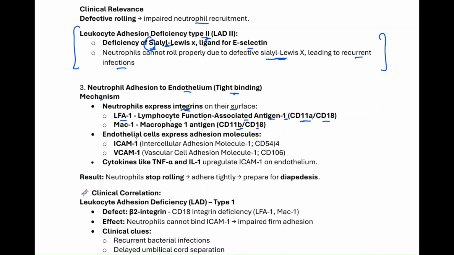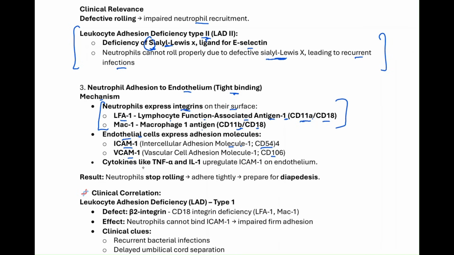And then what do we have on the endothelial cell? That's what we have on the neutrophil. What about on the endothelial cell? On the endothelial cell, we have our ICAM1 and VCAM1. ICAM1 is intercellular adhesion molecule 1, and the CD marker for that is CD54. VCAM1 is vascular cell adhesion molecule 1, and the CD marker for that is CD106.